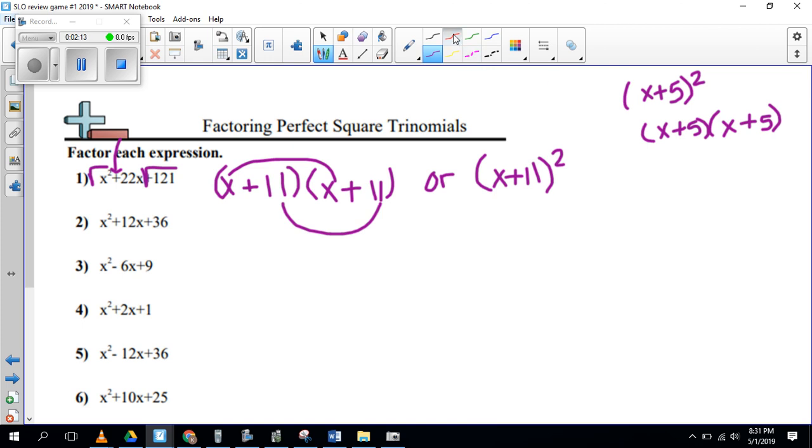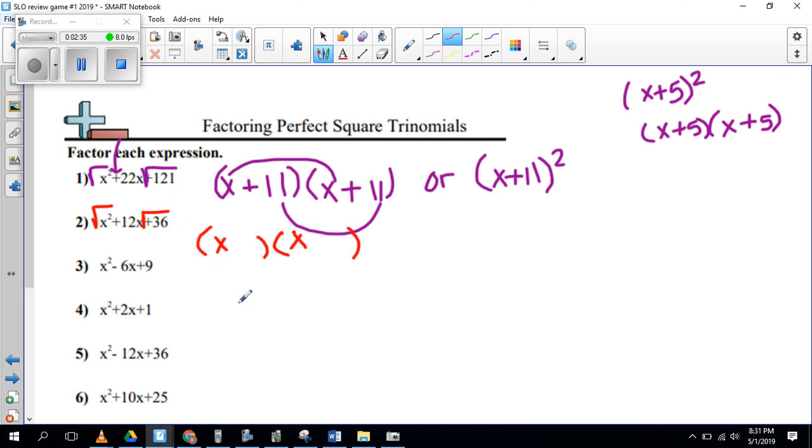Okay, let's do a few more. We'll do number 2. So we take the square root of the first one, take the square root of the next one, and the square root of x squared is x, and I'm going to do it with both parentheses and do it the other way.